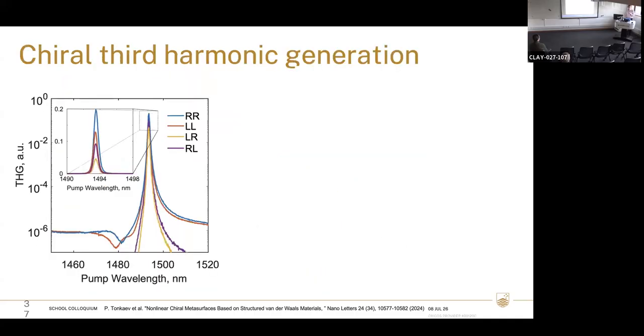So next we study the nonlinear response of this metasurface, and we first did a simulation for harmonic generation. As you can see here, the right component is more pronounced than the rest.